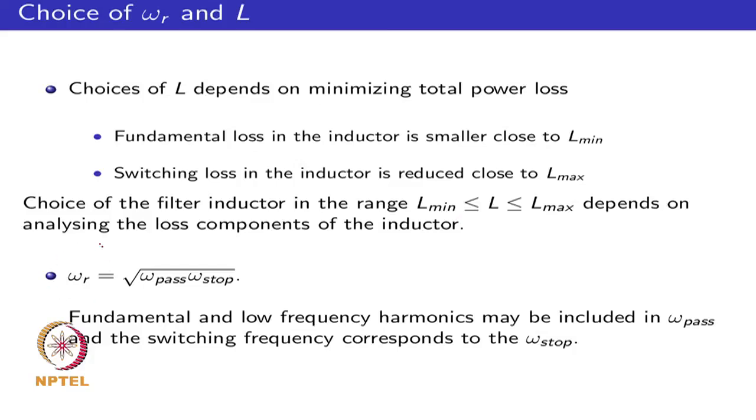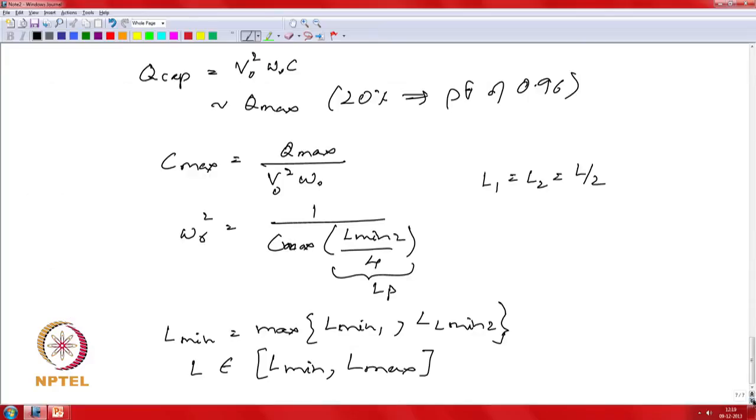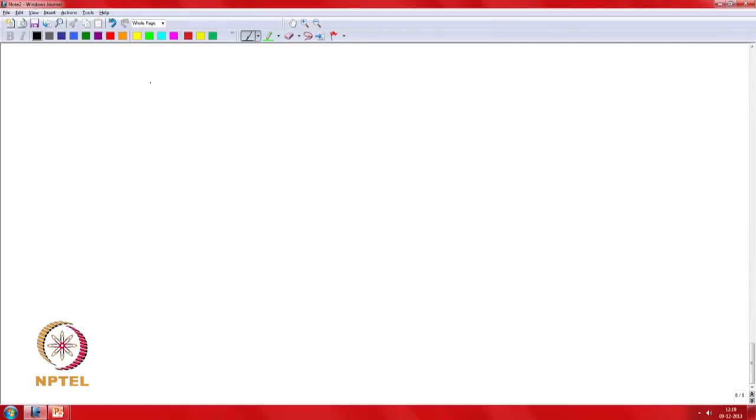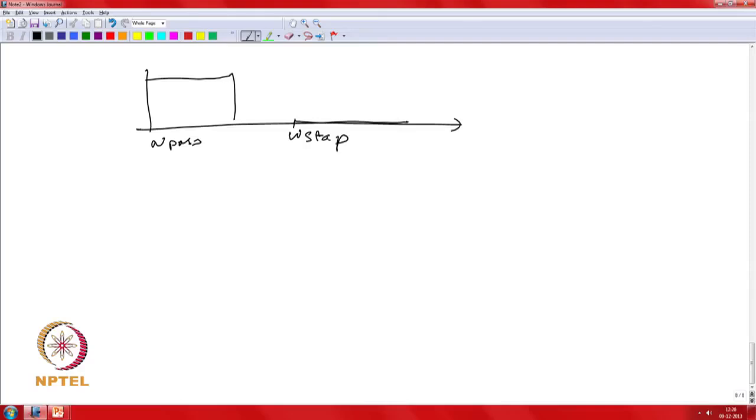One item that we still need to figure out is what the resonant frequency is. If you look at typical filter designs, you essentially have a filter with a pass band and a stop band, and you would like your filter to transition from the pass band to the stop band within this particular range.